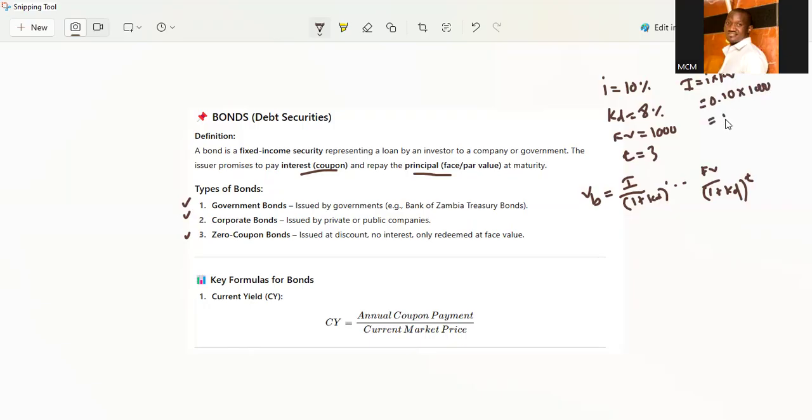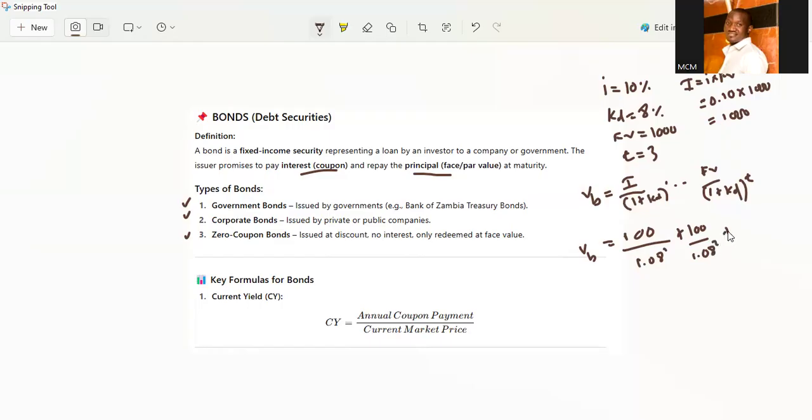So this 100, you'll be collecting it every year for 3 years. Okay? So year one, you're going to get what? The value of the bond will be 100 over 1.08 to the power 1. The second year, we're going to get what? 100 coupon interest over 1.08 to the power 2.